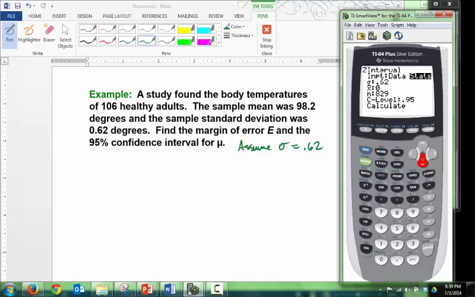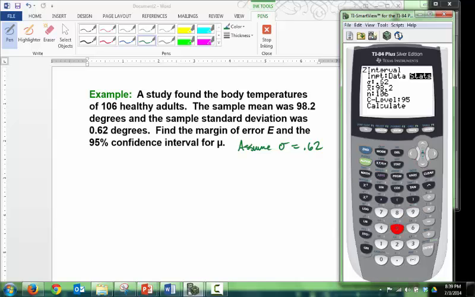Now, what is the sample mean that you found for your study? Well, I think it was 98.2. That's what x bar was equal to. And what is your sample size? The calculator is asking. Say it's 106. You're doing a confidence interval, so what's your confidence level?